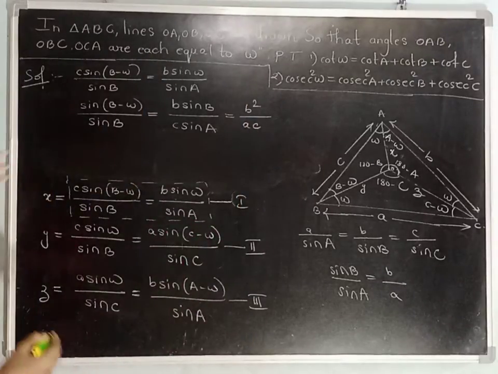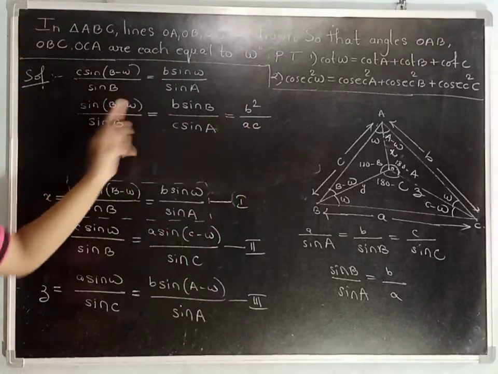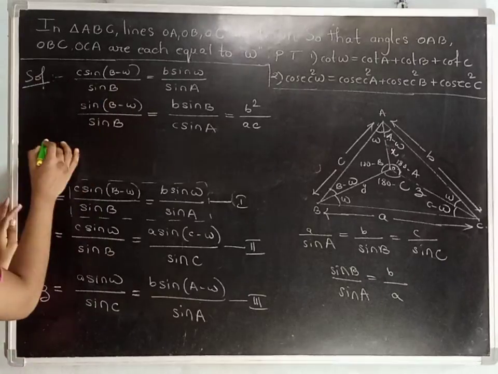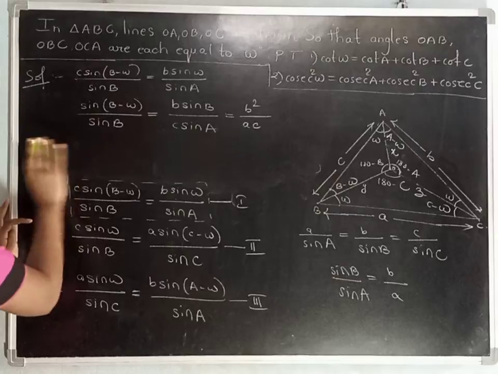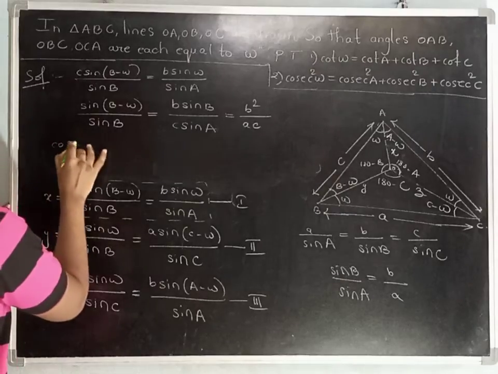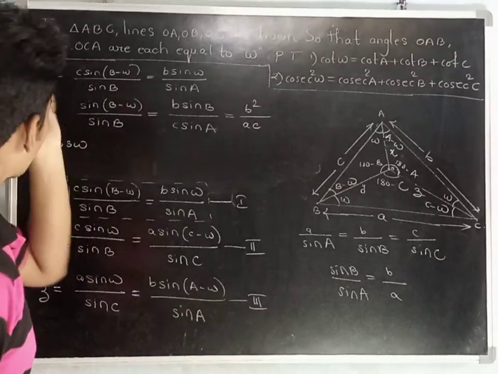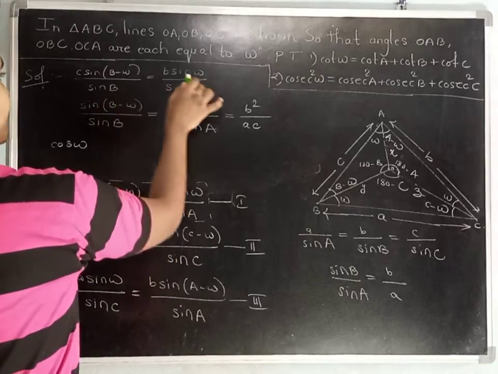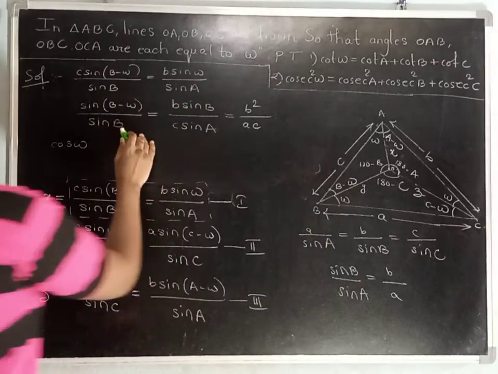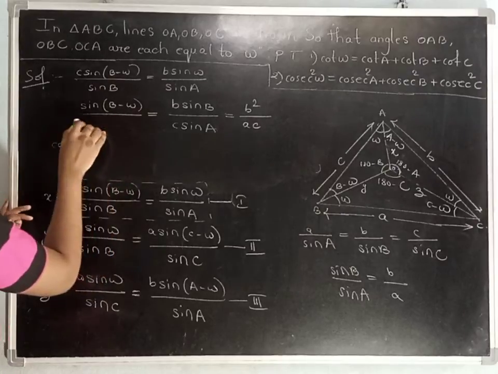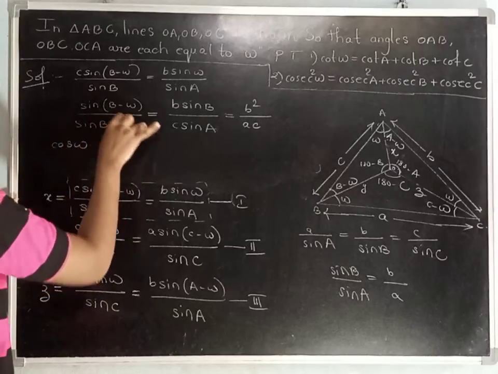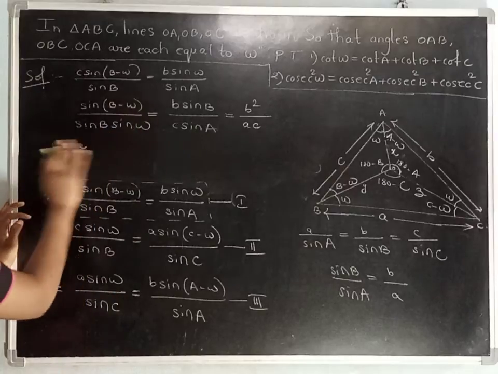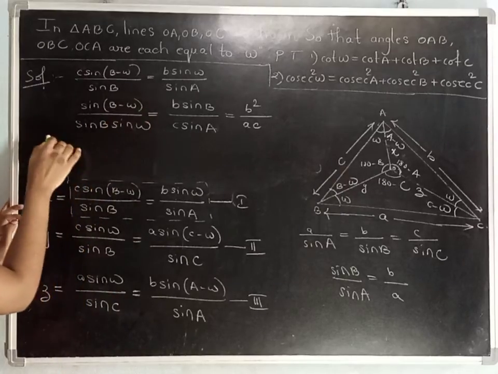Okay. Let me expand this. Sin (B minus omega) is sin B cos omega minus sin omega cos B. One minute, there's something missing here. Sin B cos omega, sin B gets cancelled. Let me simplify.